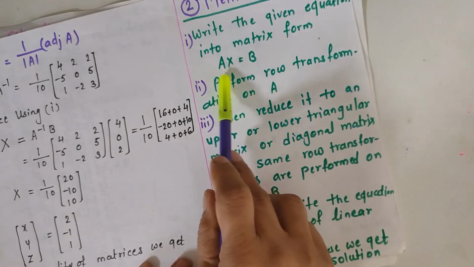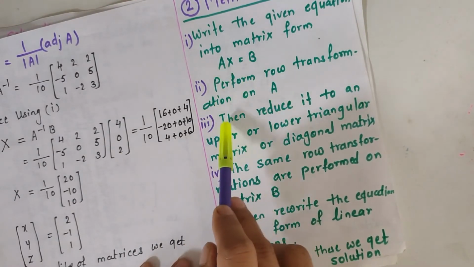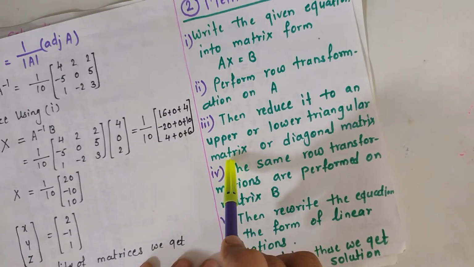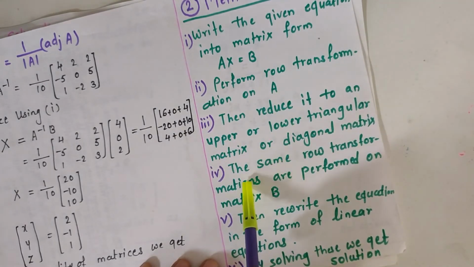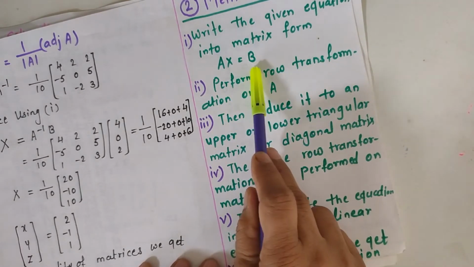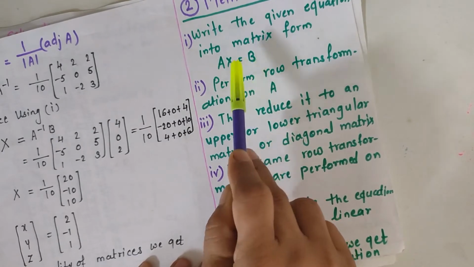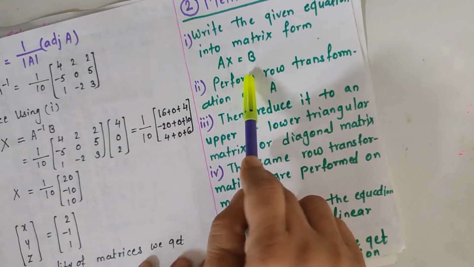By performing row transformation on A, the matrix is reduced to an upper or lower triangular matrix. Then the same row transformations are performed simultaneously on the matrix B.